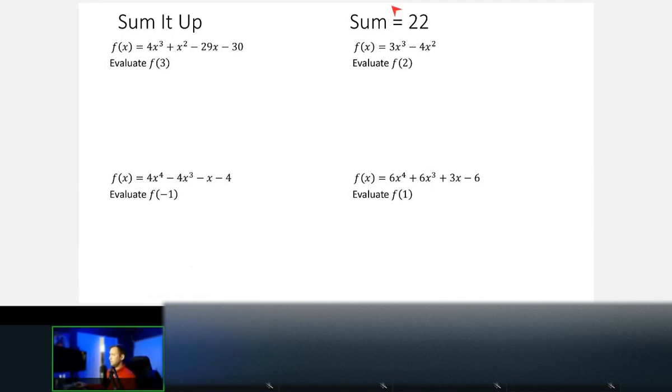All right, so now that you get another minute to try to correct one or more of the ones that you worked on, were you able to get 22 as the sum for all 4?